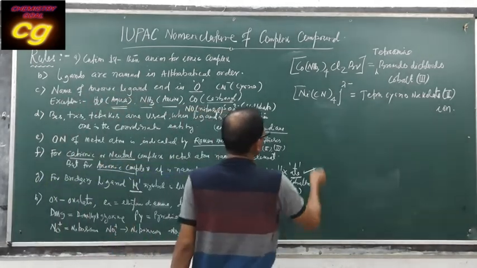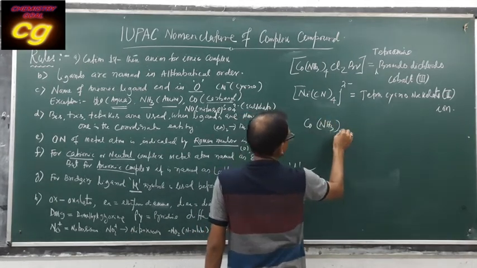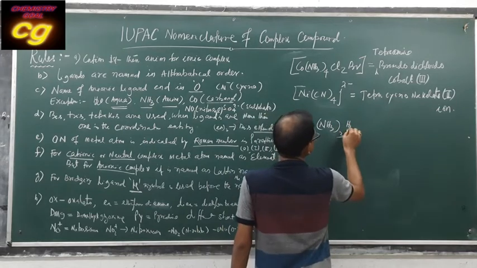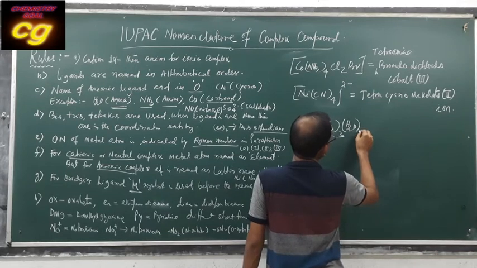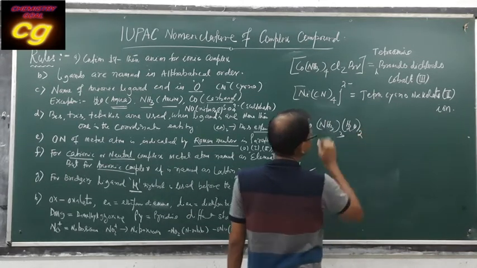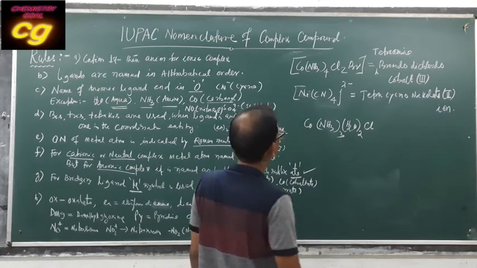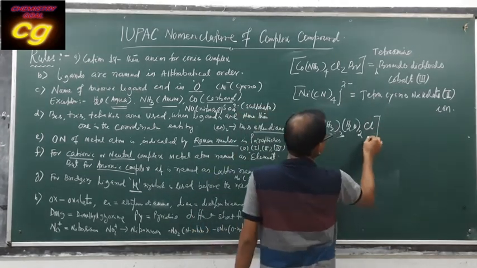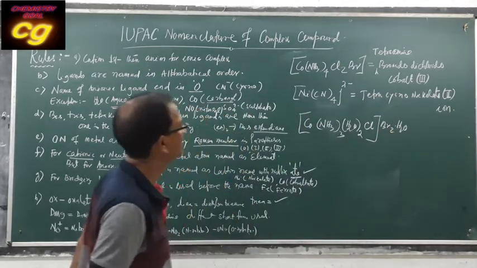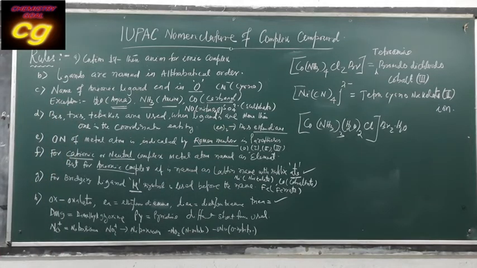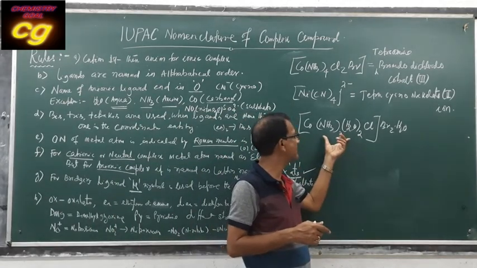Give another example. Suppose Co(NH3)3, then water 2, then 1 Cl, okay, then outside let it be Br2 and water. I can give the nomenclature. You have to see what ligands are present inside the coordination sphere.